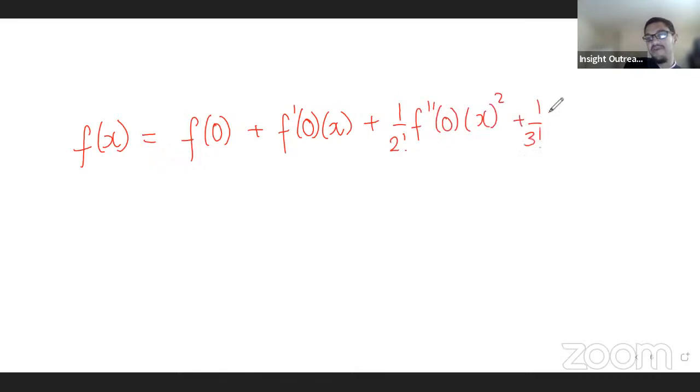Then I'll go 1 over 3 factorial f triple dash of 0 and then x cubed. And then I can't be bothered to carry on any further, so this will be good enough.